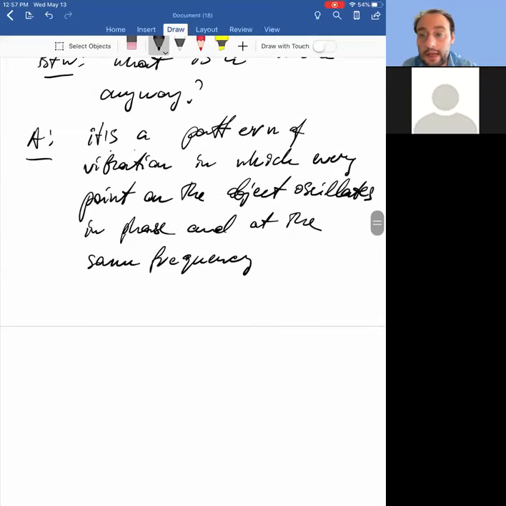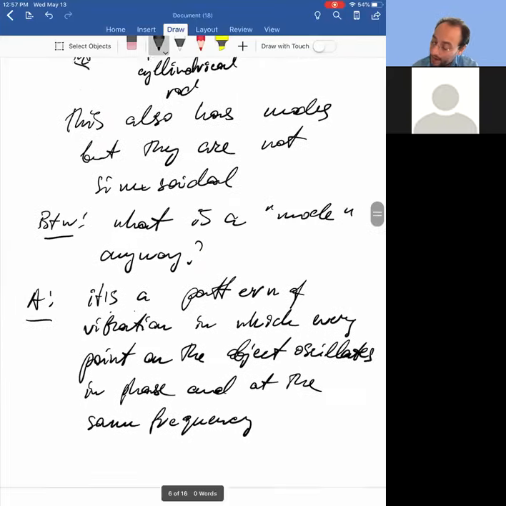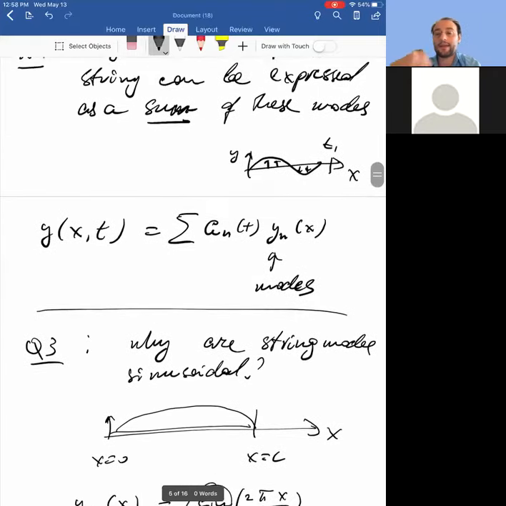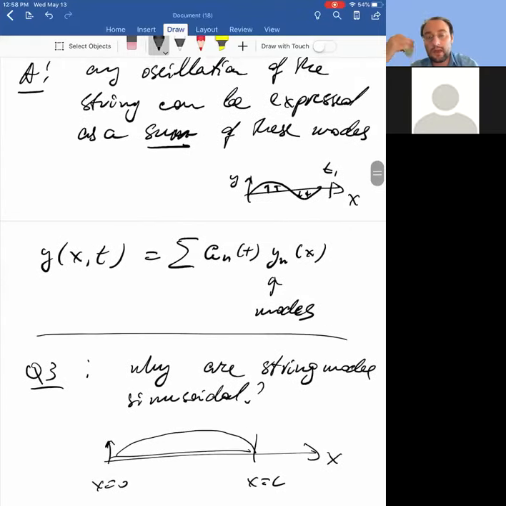What I want to do today is discuss how to compute modes on a string properly. That will answer the question of why the modes are sinusoidal. And that will give you another perspective of how to get the frequency, and will also give you a deeper understanding of what a mode really is.